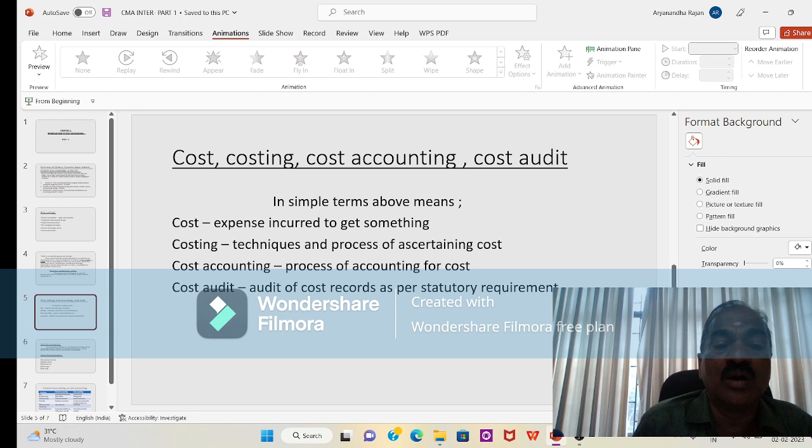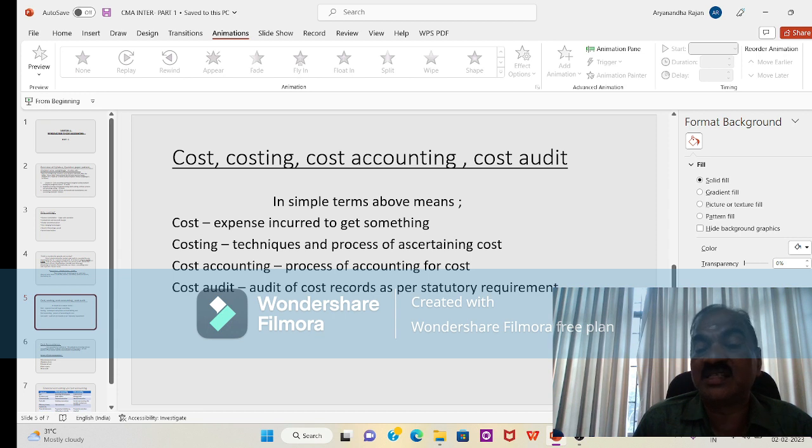So these terms: cost is expense incurred; costing is the technique and process of ascertaining cost; cost accounting is the process of accounting for cost; cost audit is ordered by the central government, by the cost audit branch of the Ministry of Corporate Affairs under the Companies Law Board.